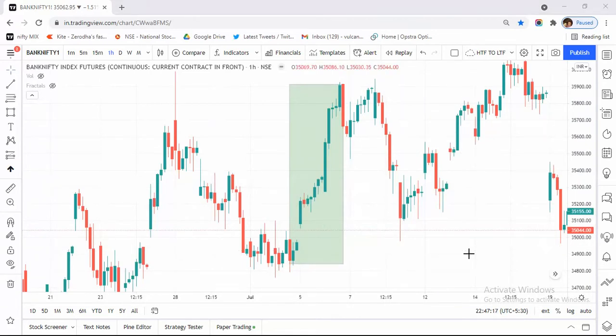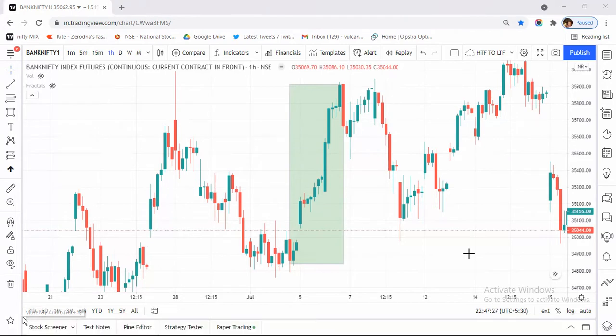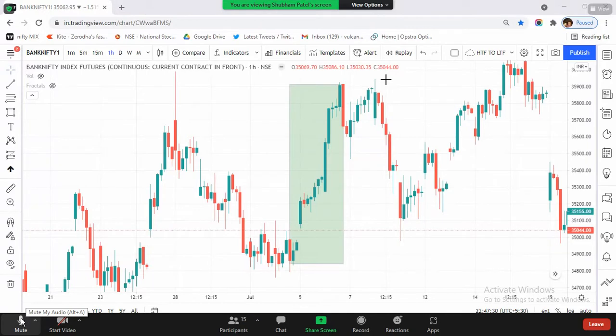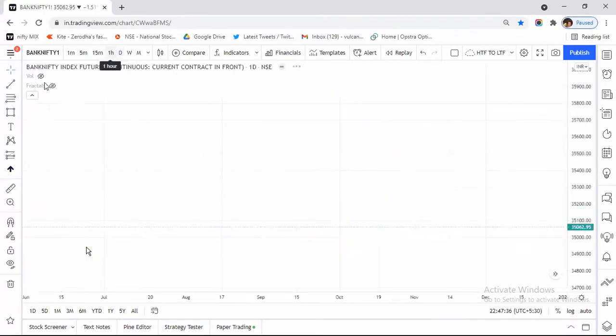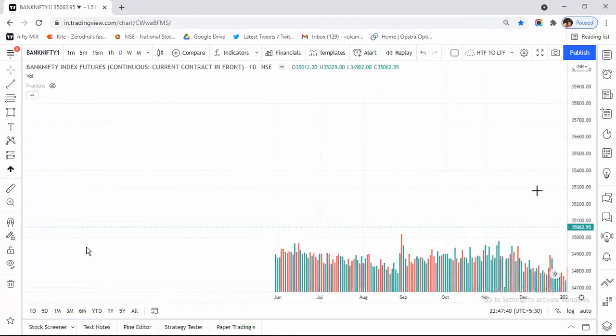Sir, if we use daily... Open your mic now, why are you writing this? Daily 4 or 10 from March, June, 1 hour time frame. Yes, but the problem is the volume. You see, if I open the daily and then I open the volume, see the problem.